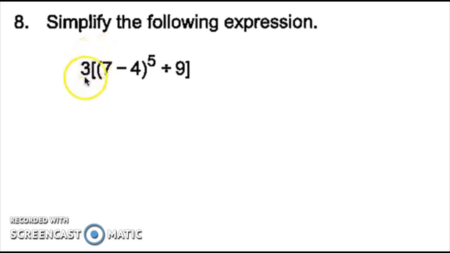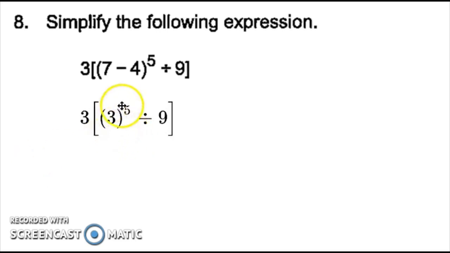Number 8, it asks you to simplify the expression. Now, these are brackets, and brackets are like larger parentheses in that we do everything inside the bracket, which includes parentheses which are inside of brackets. So the easiest way to explain this is to start from the inside and work your way out. So start with the parentheses here, which are 7 minus 4, which is 3.